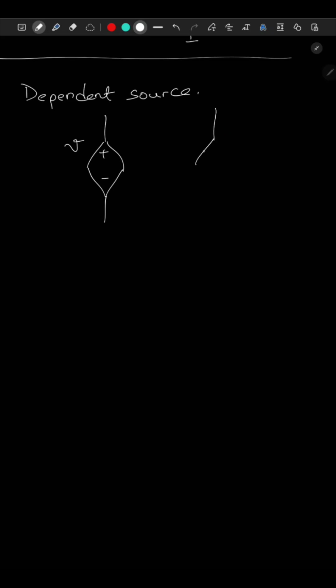So a dependent source is a generator that is dependent on another circuit variable. A dependent source will be represented with this symbol. This is for the voltage and this is for the current.